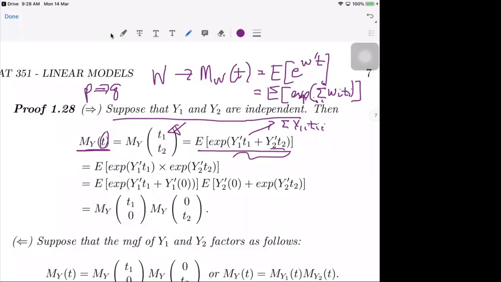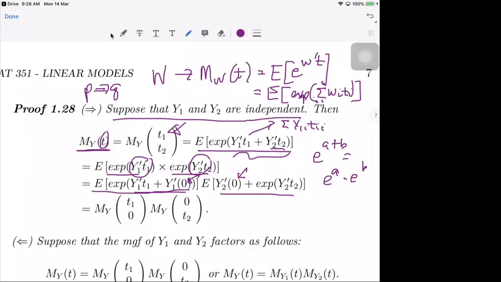And then, again, you use the concept that e to the a plus b is just equal to e to the a times e to the b, which is equivalent to that. But this one can be expressed in this manner. And this one can be expressed in this manner. So when t1 is 0 here, and here when t2 is 0.